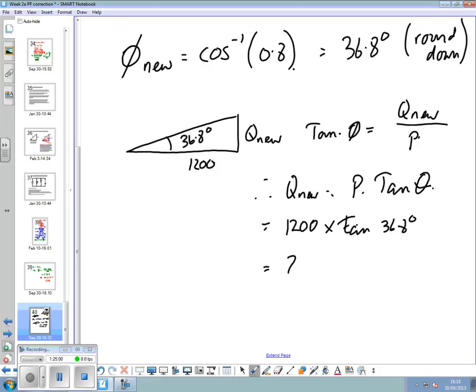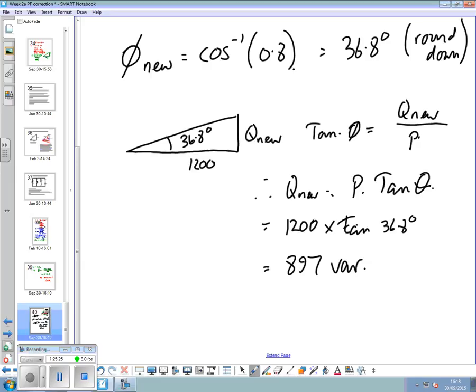I made that 897 var. So we've got to reduce the reactive power from the old 1600 down to 897 var. Yep. Okay.